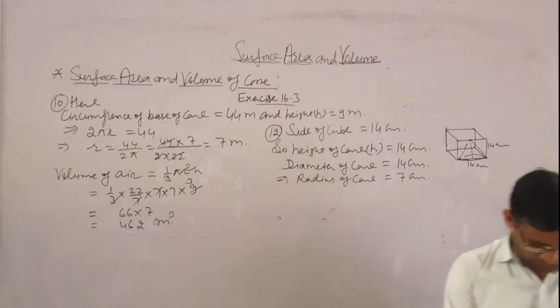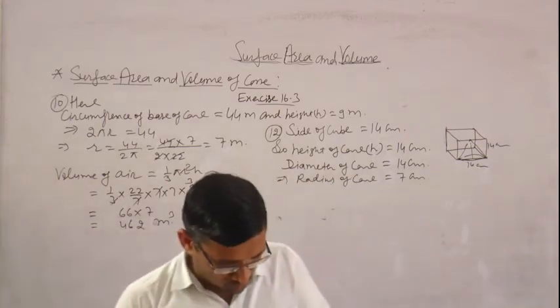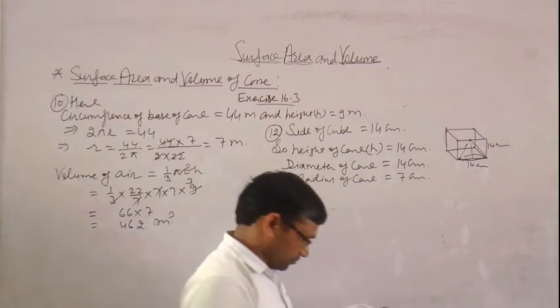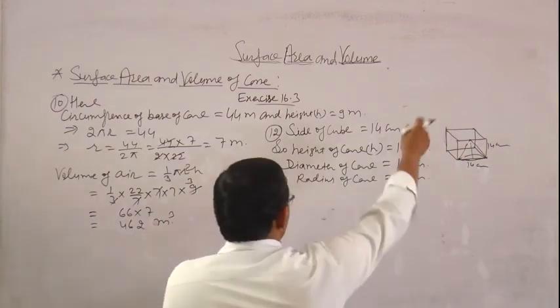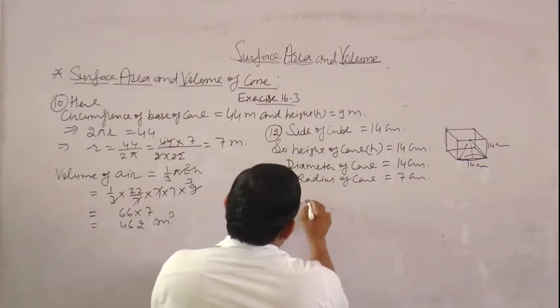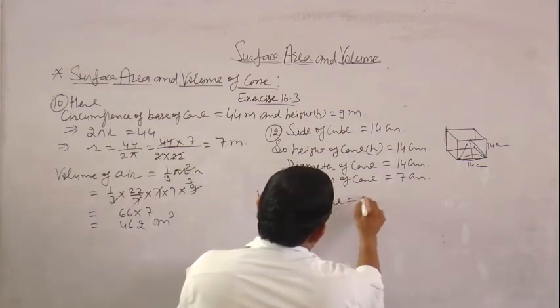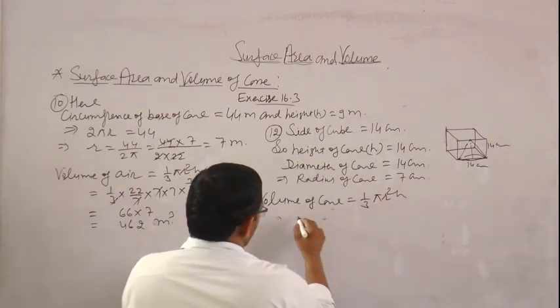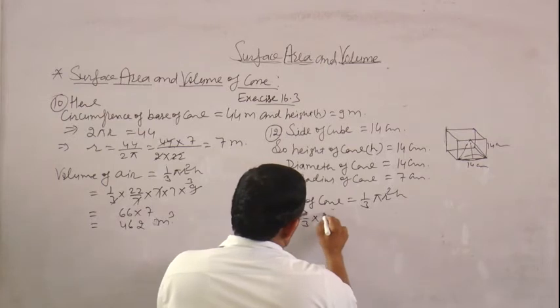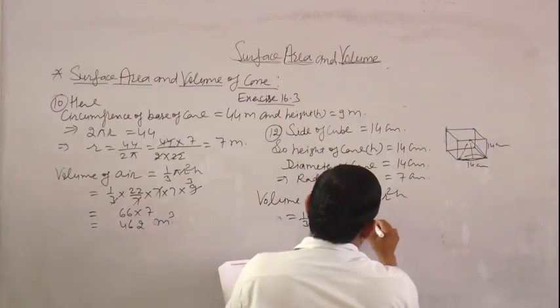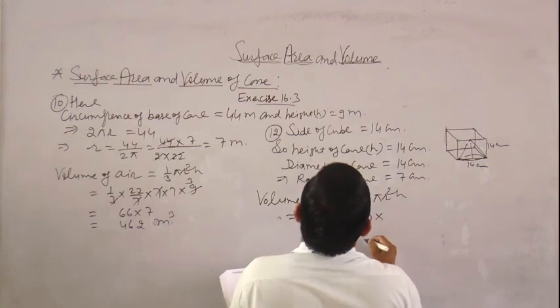Okay. A cone of maximum height is cut from a cube of edge 14 centimeter. Find the volume. So volume of cone is equal to 1/3 pi r square h, is equal to 1/3 into 22/7 into r, 7, multiply h.